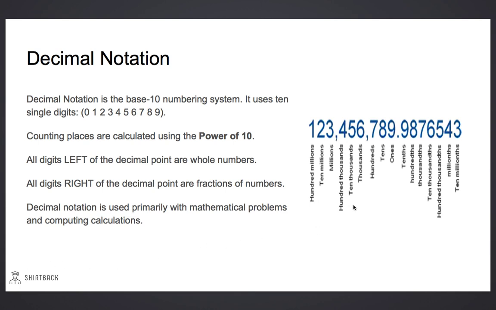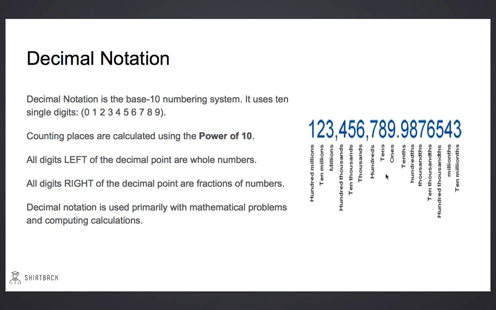Over here to the right, we have an example of a traditional decimal number. We also have listed the different places that we count as we go either to the left of the decimal or to the right of the decimal. We don't go from one column to the next until we reach 10. That's what we mean by the power of 10.